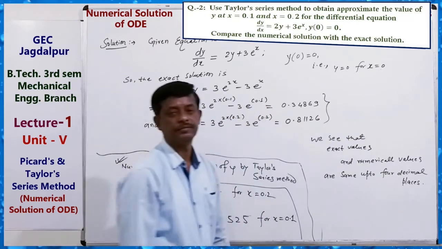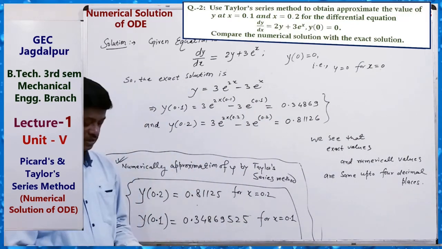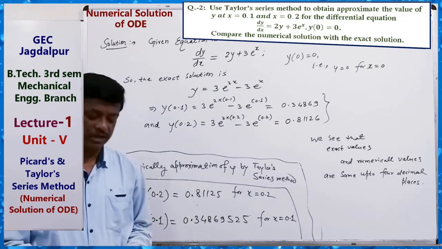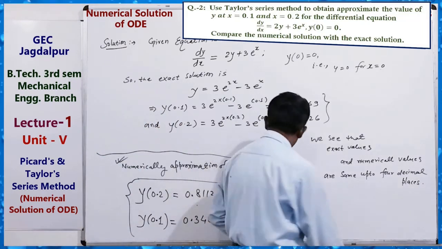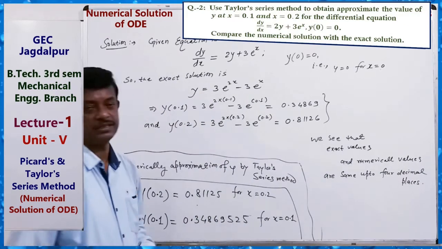Okay. So this is the solution approximation of y by using the Taylor series method numerically, and it is close to the exact value.